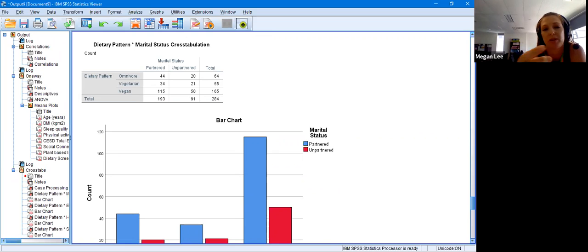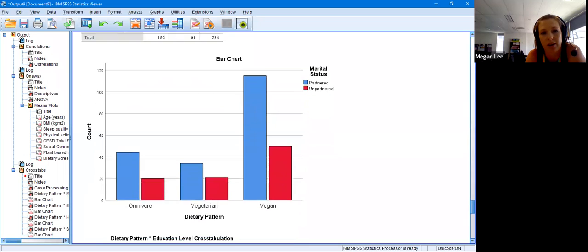So we've got 64 omnivores in total. 44 of those are partnered, 20 are unpartnered. 34 vegetarians are partnered and 21 are unpartnered. 115 vegans were partnered and 50 were unpartnered. And the bar chart gives you a look-see at what that looks like.